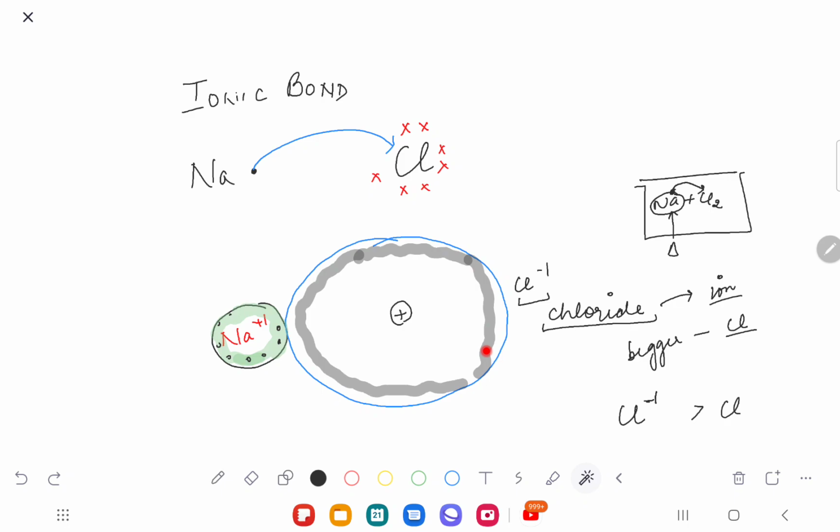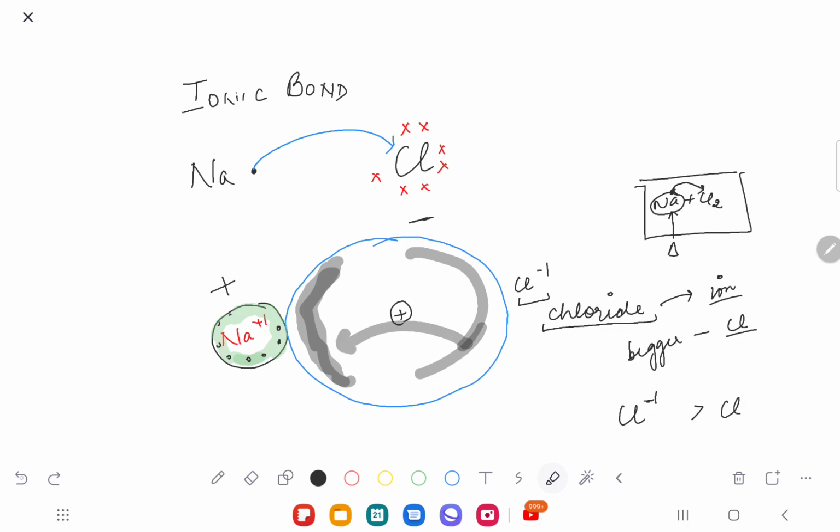And you know what would happen because of the sodium's force of attraction? No matter how much sodium has lost electrons to chlorine, when they join, because sodium carries a positive charge and chlorine carries a negative charge, this entire electron cloud will shift towards here. All the electron cloud will shift exactly here. From here, it shifts here. Do you understand my point?